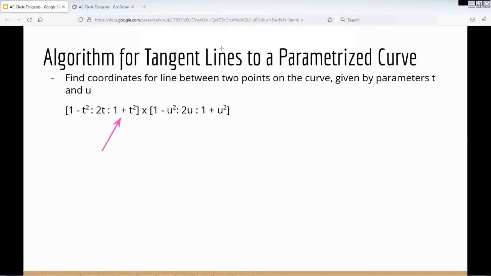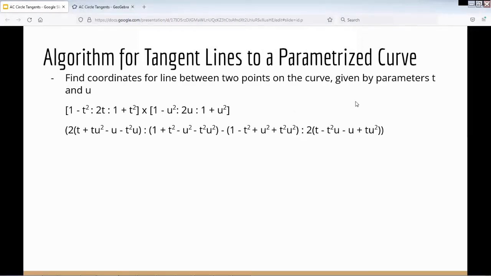Okay, and we're going to take the join function, the J function, of two generalized points given by the parameters t and u. All right, this is what it looks like. There's a little bit of simplification that takes place. Again, please try to check this all yourself. I just want to try to keep this relatively brief. Okay, and so here we have an equation for a line.